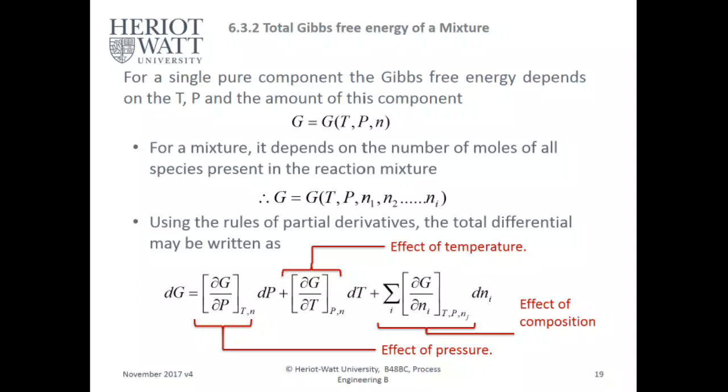So this tells you the effective pressure, the change in pressure, plus the change in G over the change in T at constant pressure and constant N, dT, so this will tell you the effective temperature, plus the sum of the infinitesimal change of G over the infinitesimal change in Ni, at constant temperature and pressure, and by changing the species.